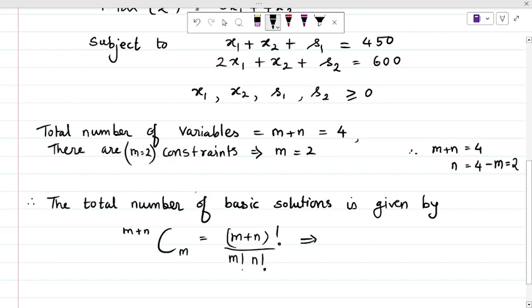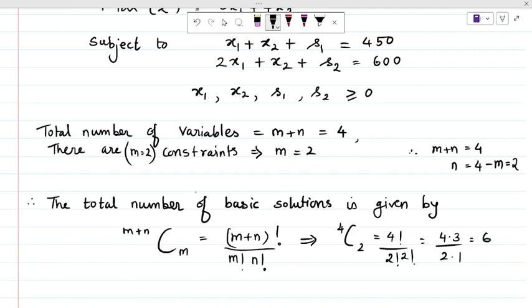So that is 4C2, which is 4 factorial divided by 2 factorial 2 factorial. This is 4 into 3 into 2 into 1 divided by 2 into 2, which is going to be 6. So there are 6 such solutions we will be able to get.